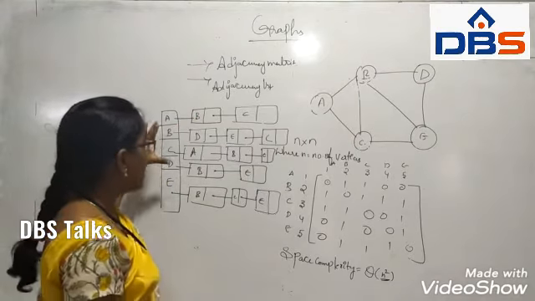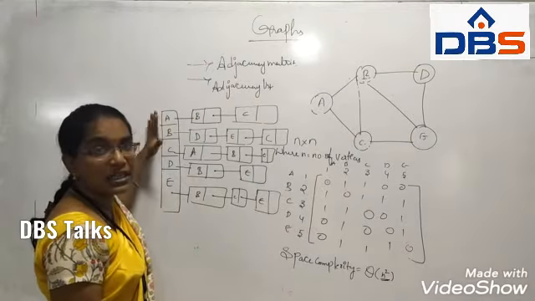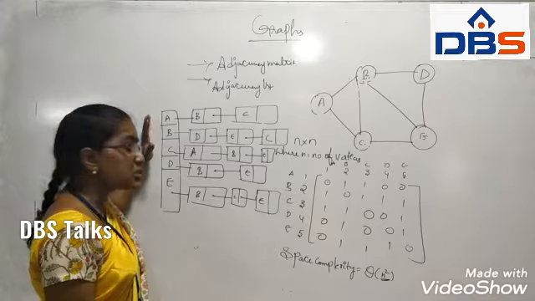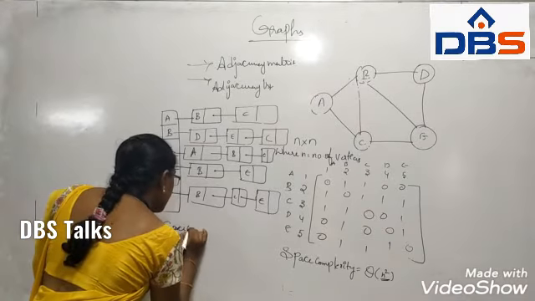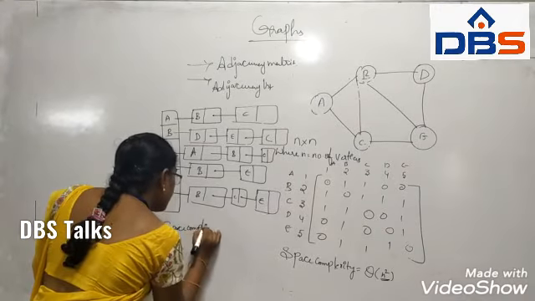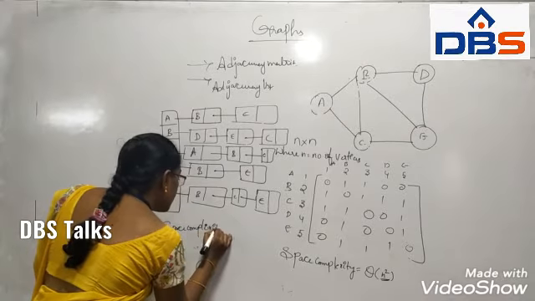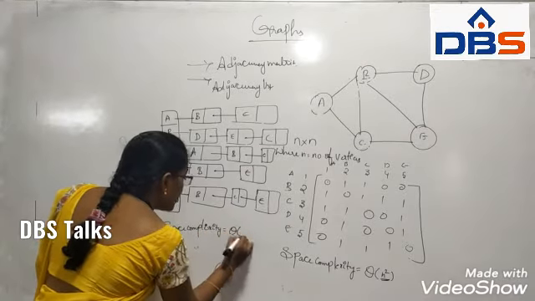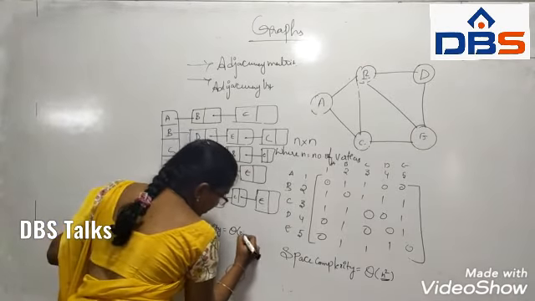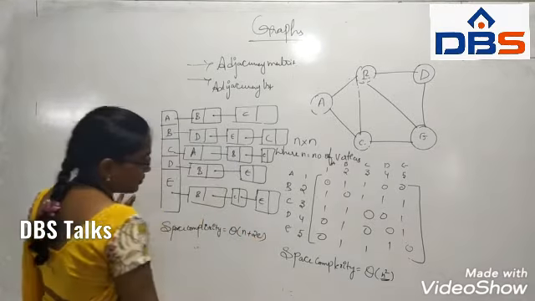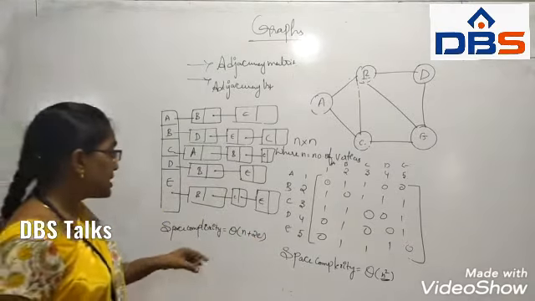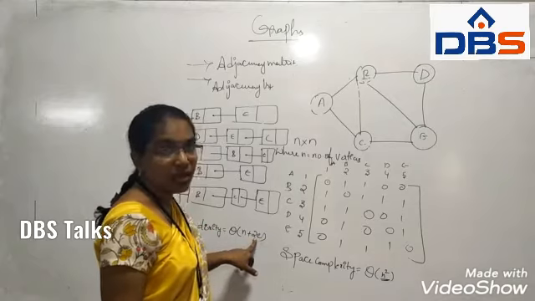Okay. See, if you want to represent this in the memory, then the space complexity is theta of n plus 2e. See how we can say that it is n plus 2e.